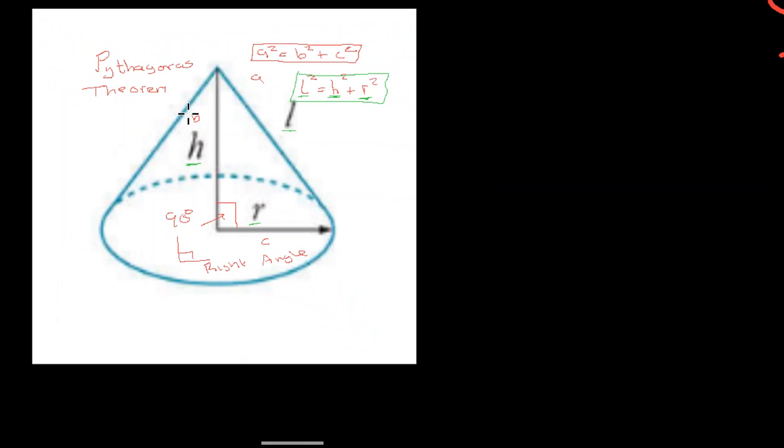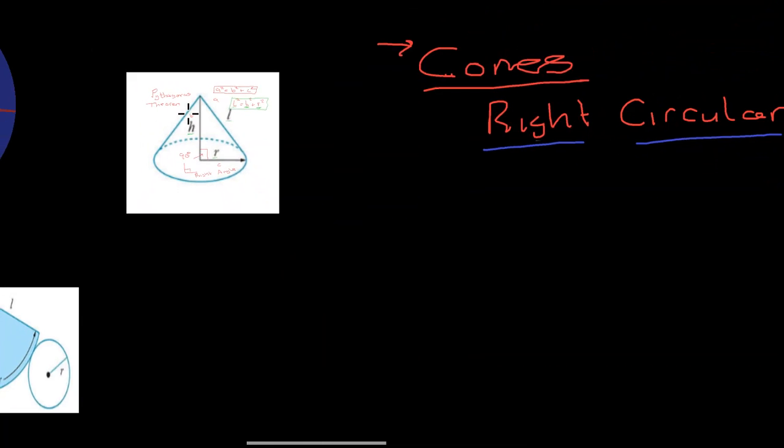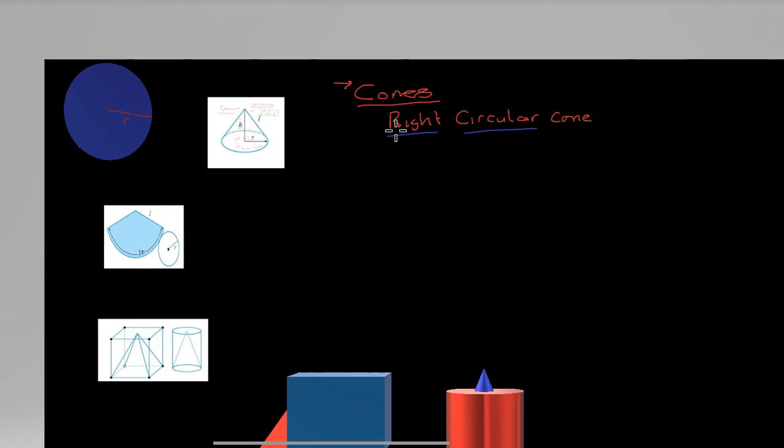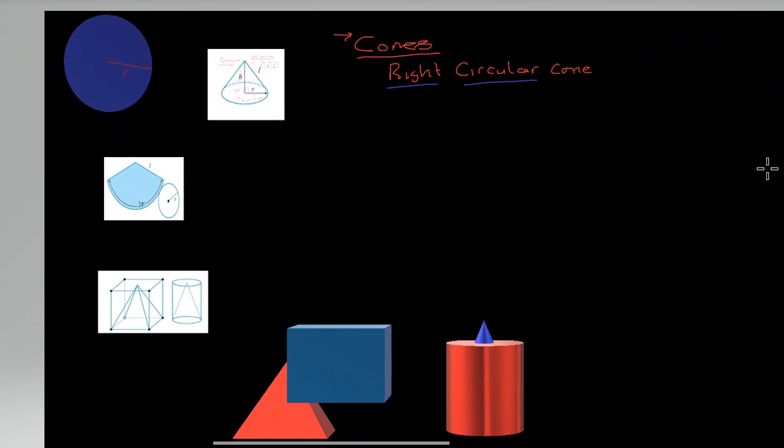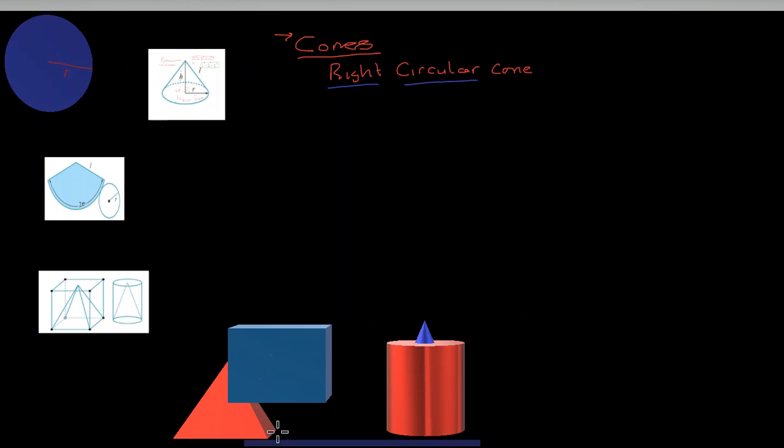If we think about the name in relation to this cone, that's where we get it from. It's known as a right circular cone, and Pythagoras' theorem applies here, as we've seen.